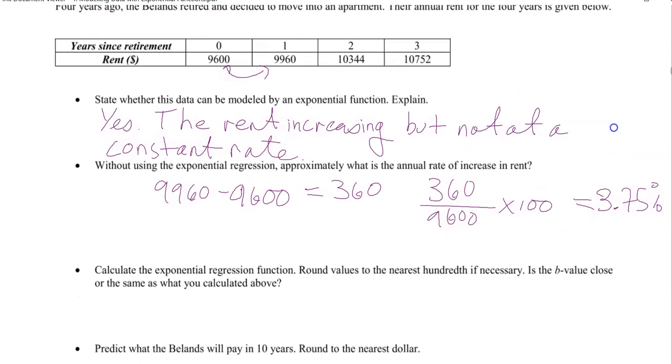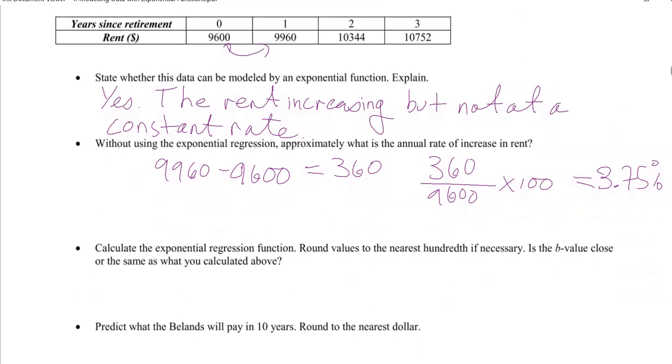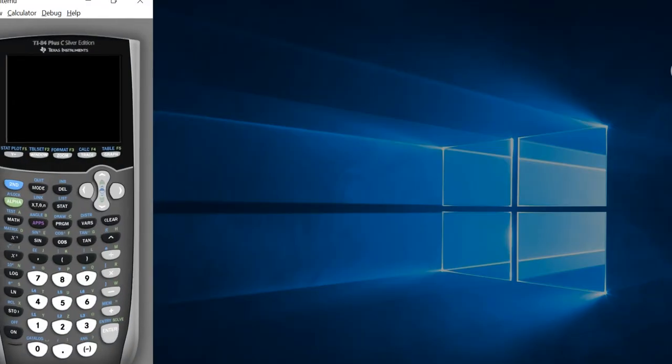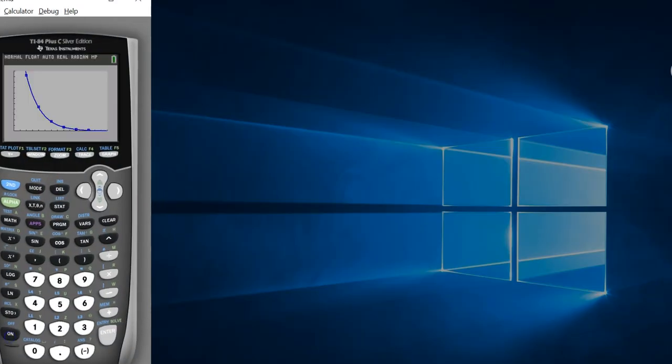All right, let's find out if that holds true. Calculate the exponential regression function, round values to the nearest 100. Is the b value close or the same as what you calculated above? Well, I don't know. Find out. So we go back here, turn this on, go to y equals, clear that out. Anything else that was in y equals, clear it.